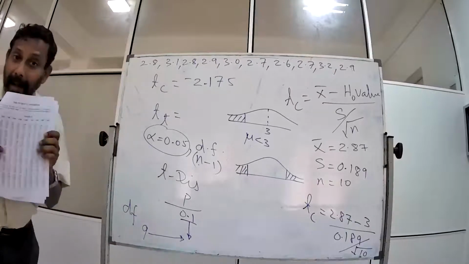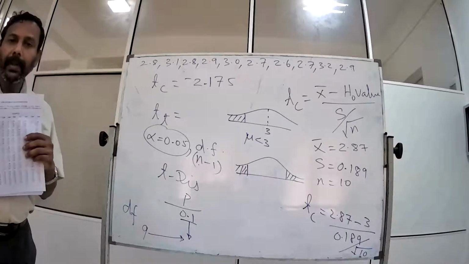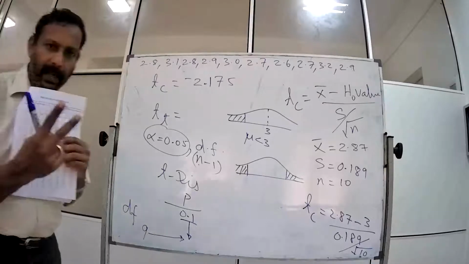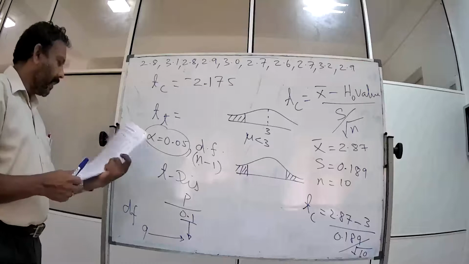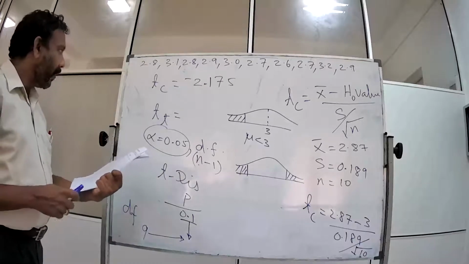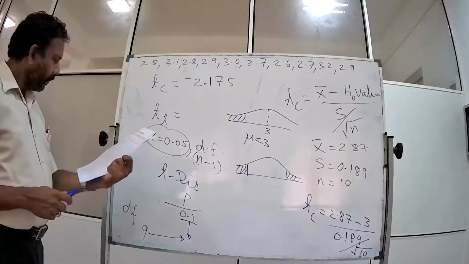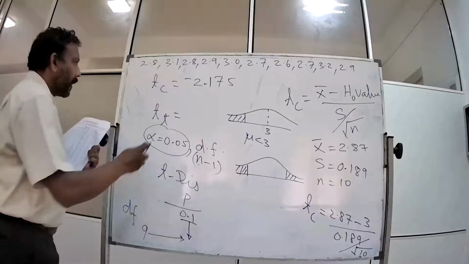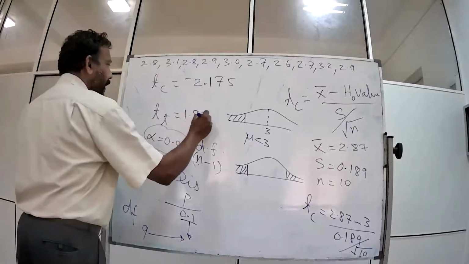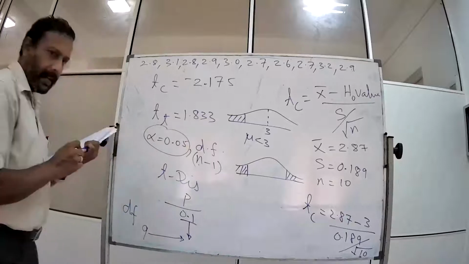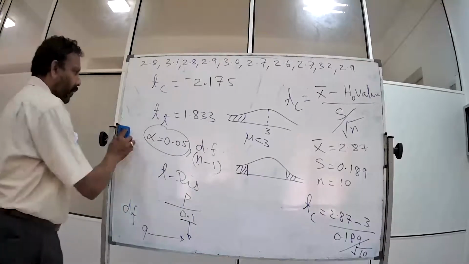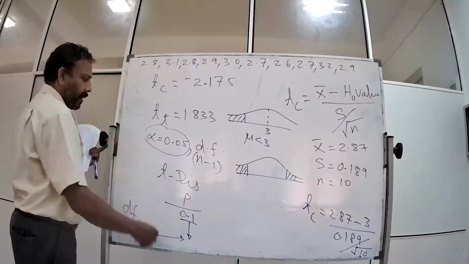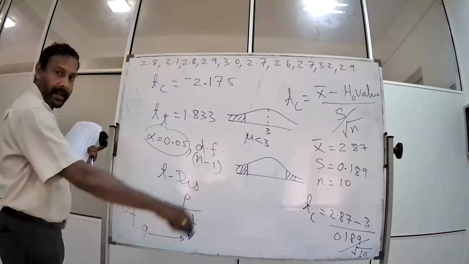Because this table is designed for the two-tailed situation. Now, what is the value? Somebody can read the value. 1.833. Right. Now I am going to erase this part, otherwise we cannot continue. You make a note of it.